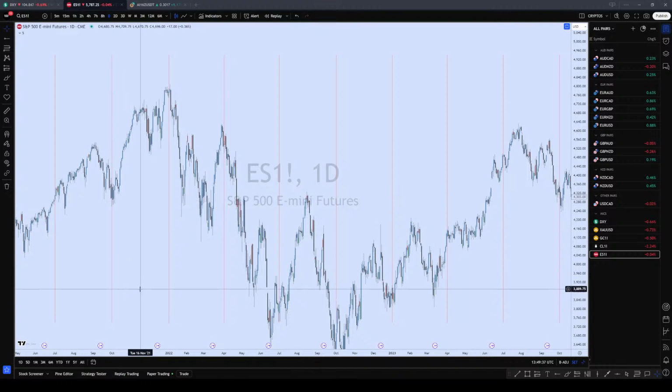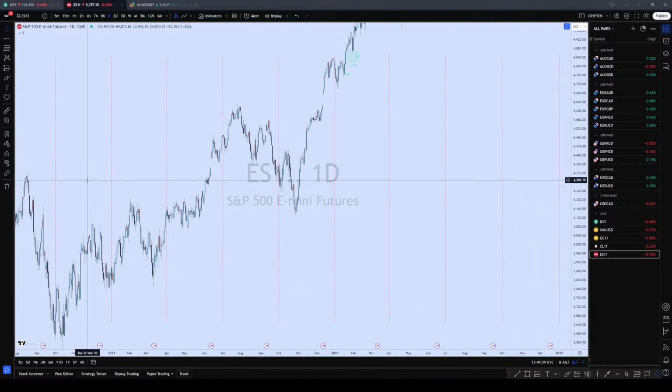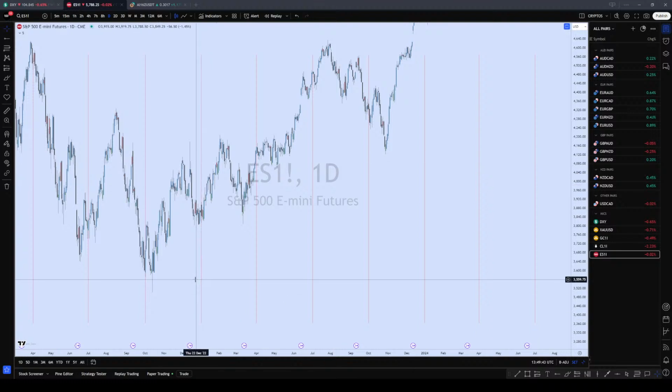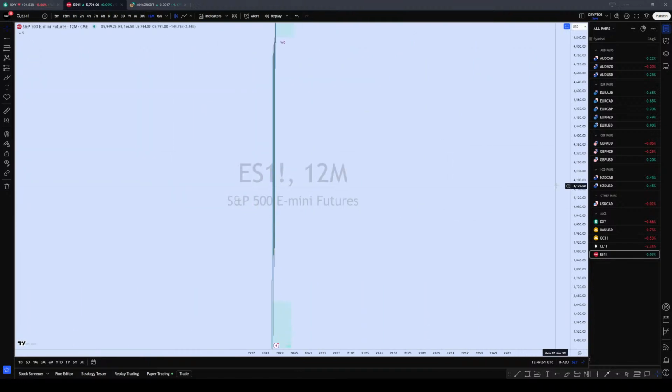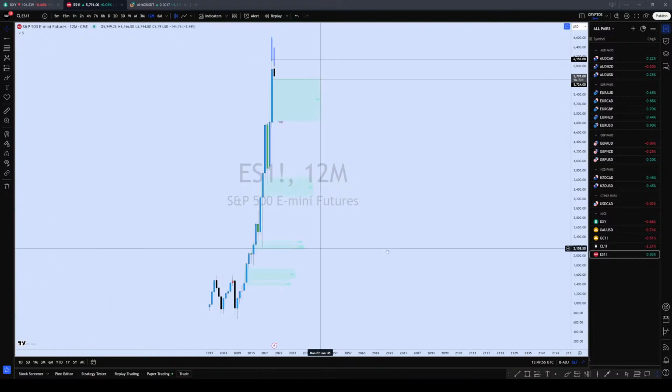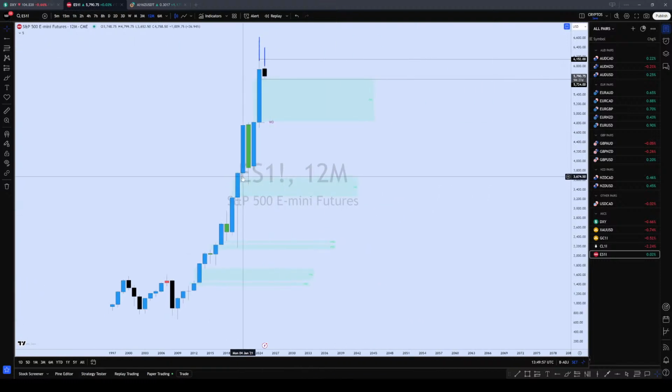And then yearly, you can add the yearlies to it as well. As a matter of fact, in 2022, price reversed from a yearly low. Let me zoom in. Here, in 2022, it took out a yearly low and then reversed.